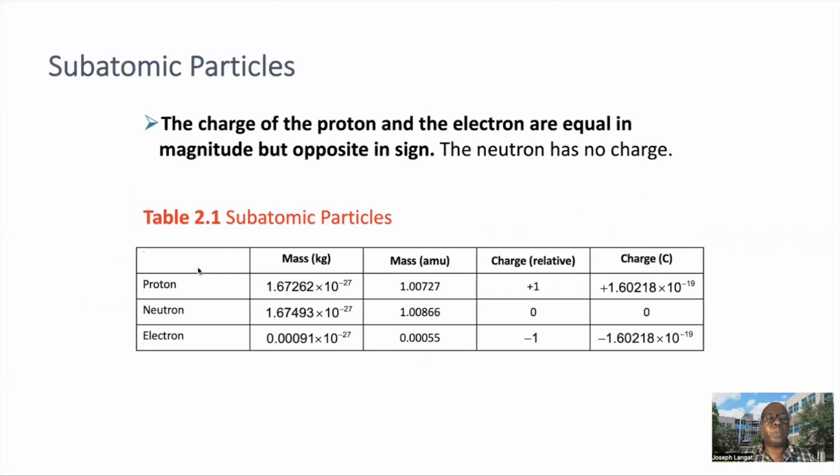Here is Table 2.1, subatomic particles, showing you the name and masses. I'd rather stick to AMU: 1 AMU, 1 AMU, and 0. You need to know the electrical charges as well. No one will ask you the exact scientific notation values.